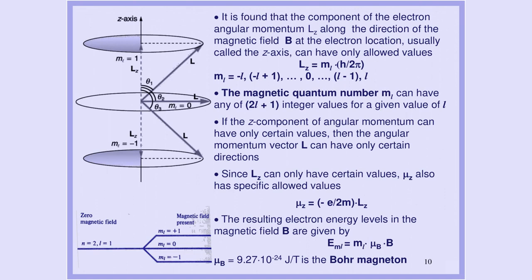What are they? Possible magnitudes are shown by the formula relating mu z and the z component of the angular momentum. The resulting electron energy levels in the magnetic field are given by this formula you can see.